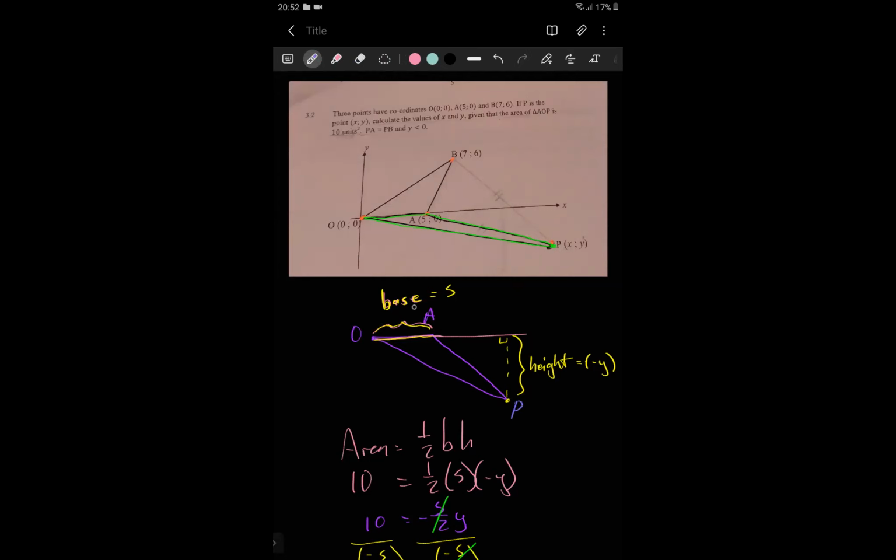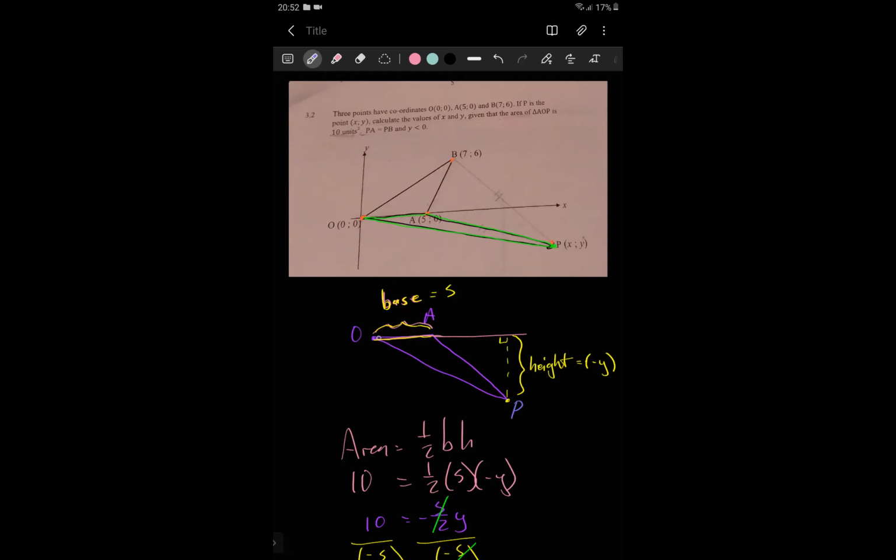Now with this triangle, OA is the base, and then this is your perpendicular height. Now remember, height is distance, of which you know that the distance from P to the x-axis is your perpendicular height, you see. Because if you're looking at this triangle here, your perpendicular height is always from a specific point in the triangle going straight down, perpendicular to where the base is.